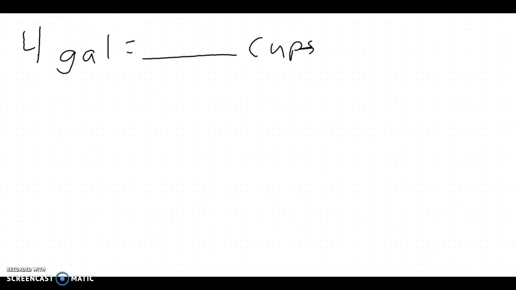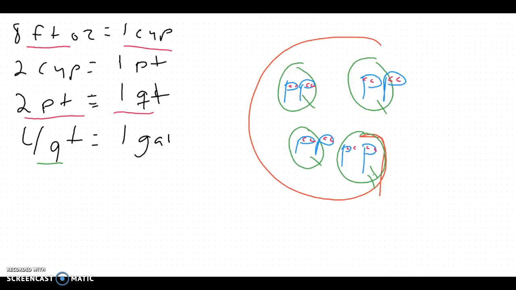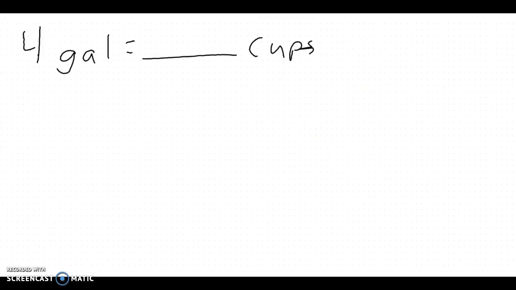All right, let's look at this one. 4 gallons equals blank cups. Now, if we look at our conversion, we know that 1 gallon is 4 quarts, but we don't know how many cups. So we're going to have to look at this backwards and see if we can figure out how many cups are in 4 gallons.